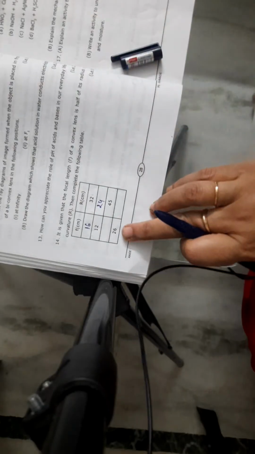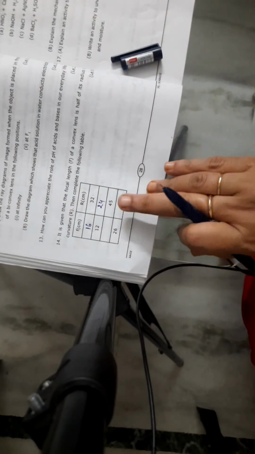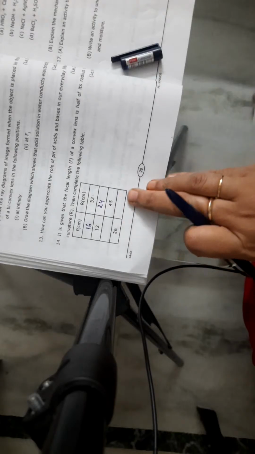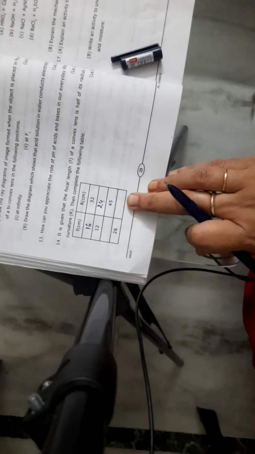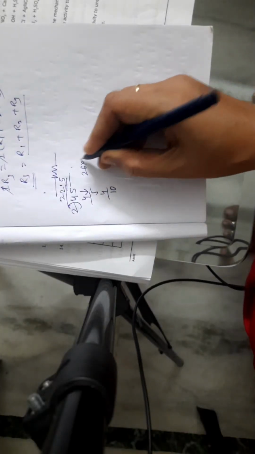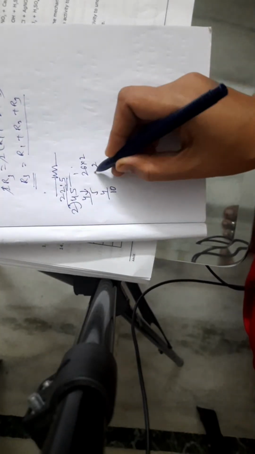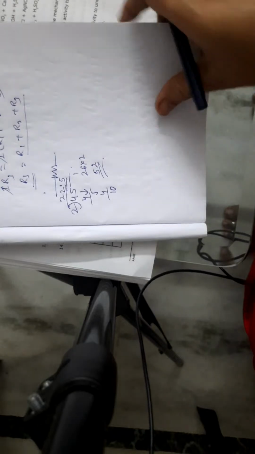Okay, next 26 is there. If the focal length is given, we need to double it. So this answer will be double of 26, which is 52.